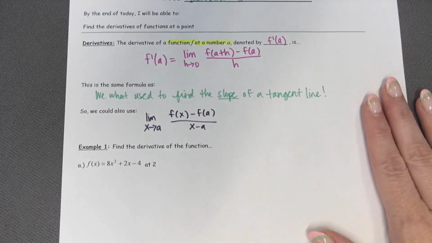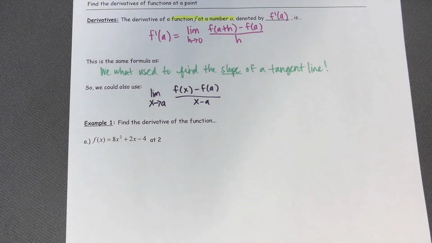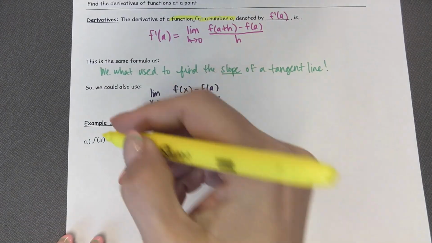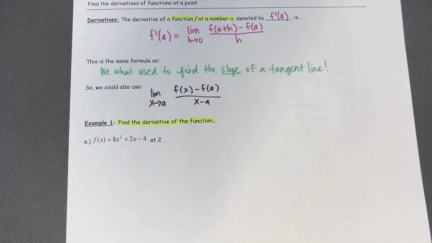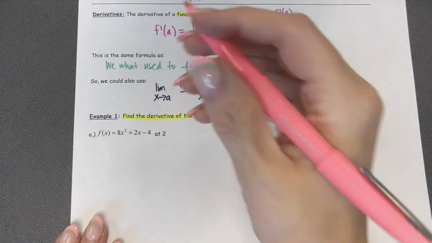A lot of the things we're doing on the first page are going to feel familiar because it is what we did yesterday. There's a few small changes. So when you're finding the derivative of the function f of x equals 8x squared plus 2x minus 4 at 2, what that means is your a value is 2.